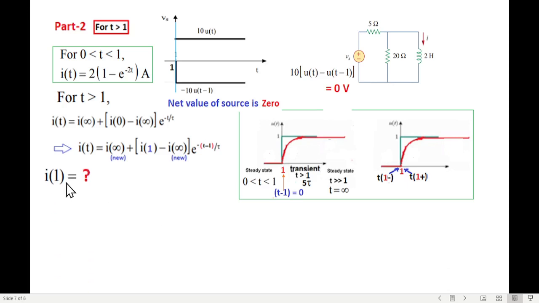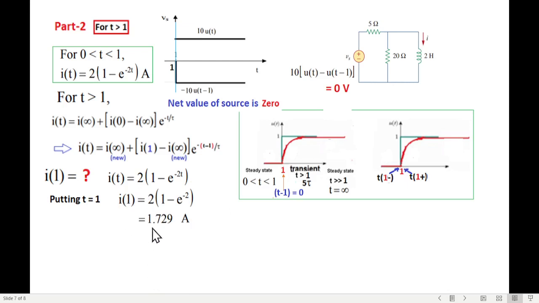Now how much is I1? So I1, the easiest way is that we have found IT for before this period, and if you put in this equation t is equal to 1, we get I0 minus, which is equal to I0. So putting t is equal to 1, we get this value, and solving it is 1.729.